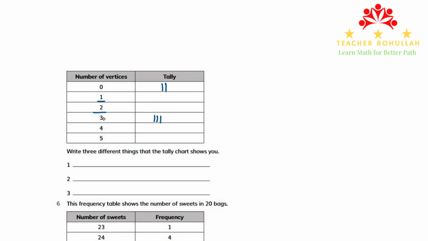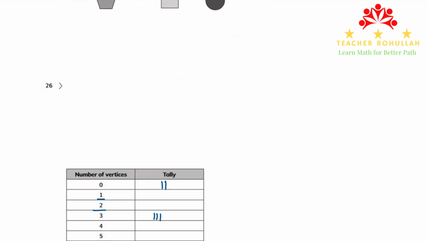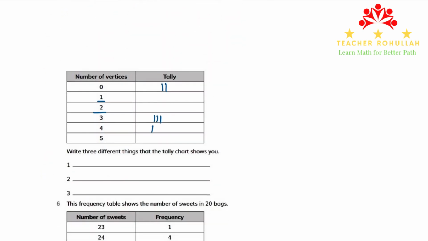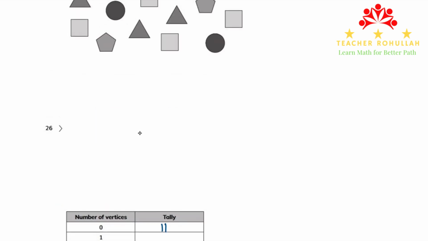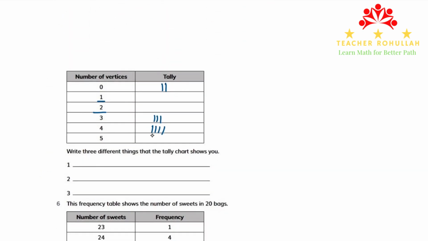And the shapes that have 4 vertices, again, let me check. 1, 2, 3, 4. So there are 4 shapes that have 4 vertices. And the shapes that have 5 vertices are 2. 1, 2. Again, I'll use the tally marks.